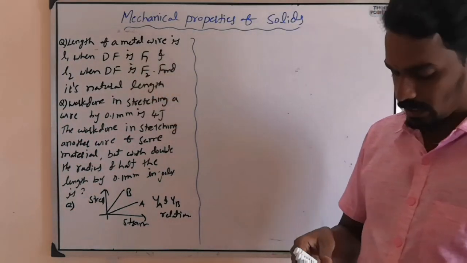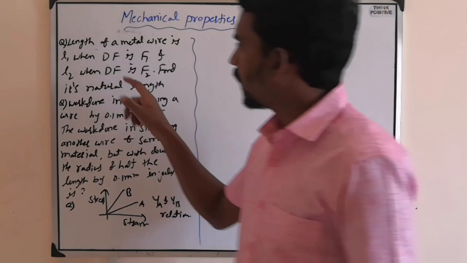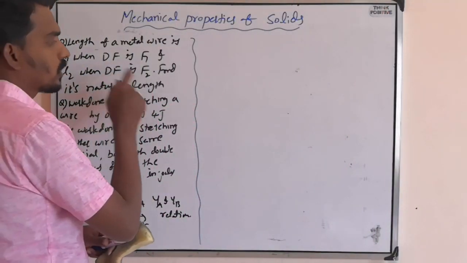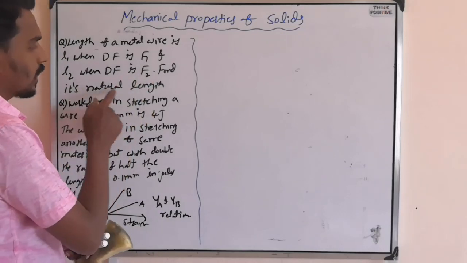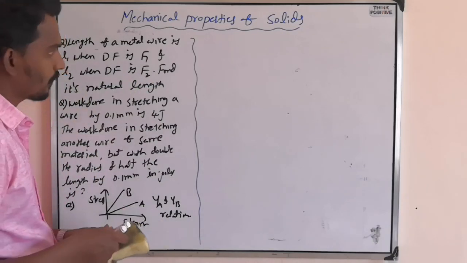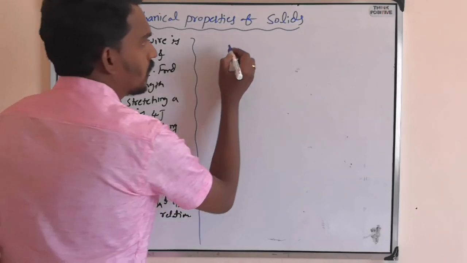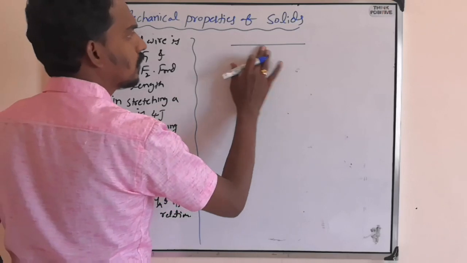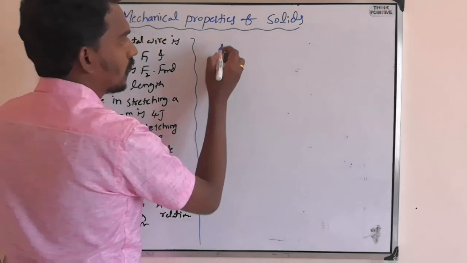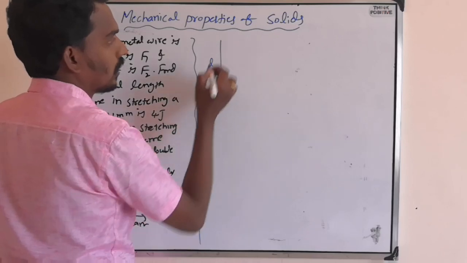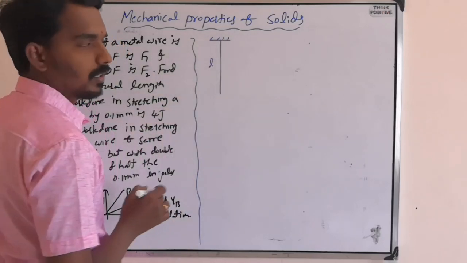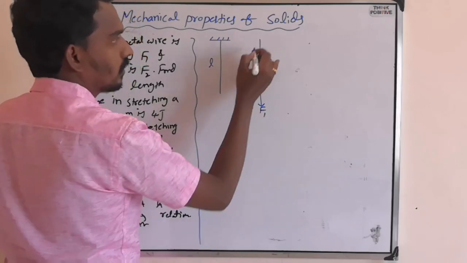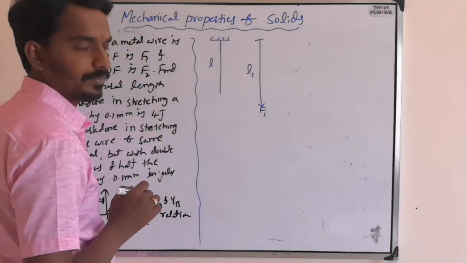So here, take this: the length of a metal wire is L1 when the deforming force is F1 and L2 when the deforming force is F2. Find its natural length. If you understand properly, there is a wire of natural length L. Now when you apply a force F1, the length became L1.